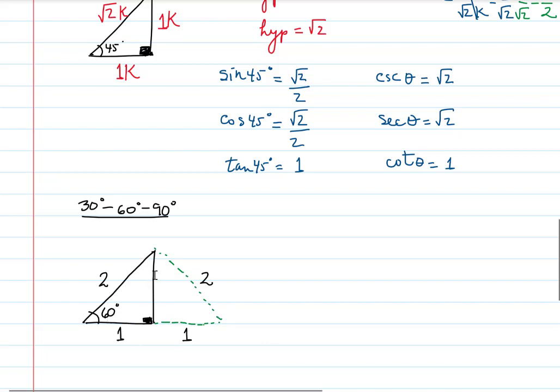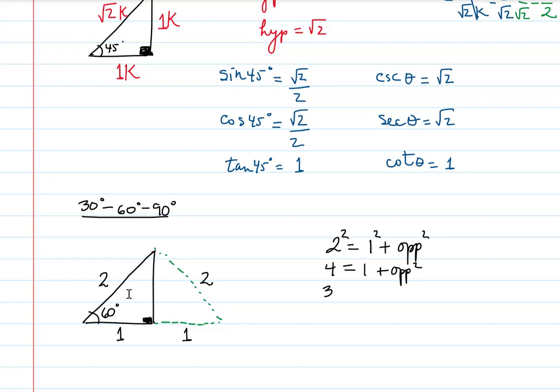So if we wanted to find this opposite side, then we just do the Pythagorean theorem, and we get 2 squared is equal to 1 squared plus the opposite side squared. Okay, well that's 4 equal to 1 plus opposite squared. Subtract the 1 from the 4, you get 3 equal to opposite squared. And then finally, opposite is just square root of 3. So this part right here is square root of 3.